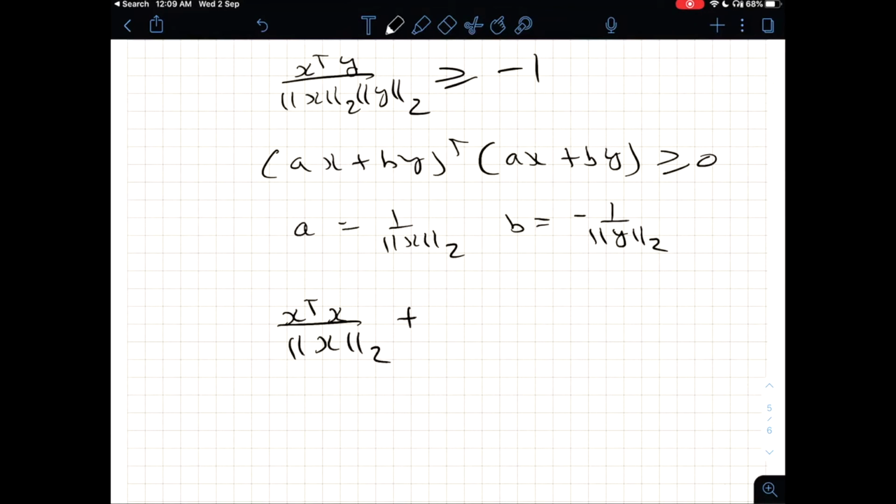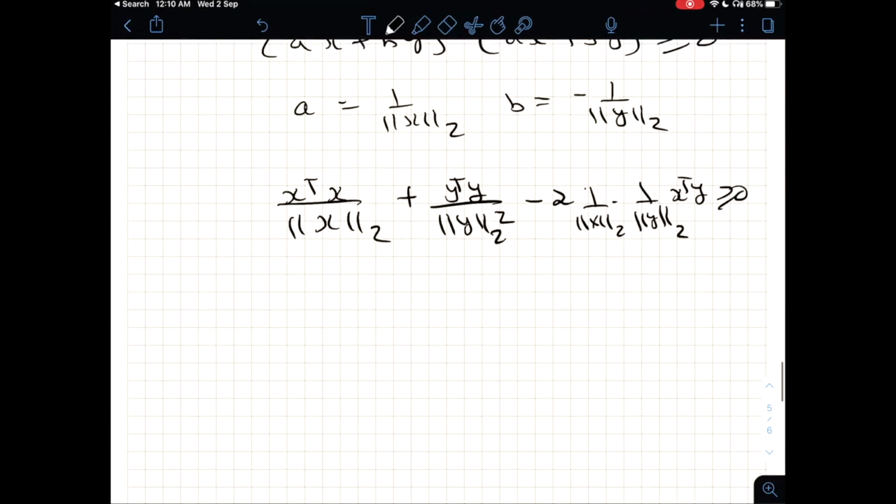Plus the second term is b square into y transpose y, but b square becomes this, plus 2ab. So 2ab in this particular case, because b is negative, is going to be minus 1 by length of x into 1 by length of y into x transpose y, and this should be greater than or equal to 0.